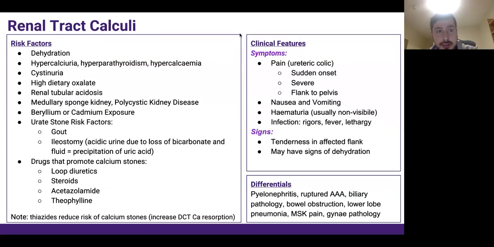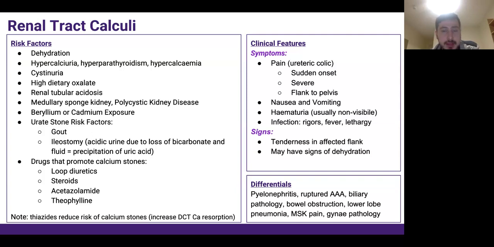So we've discussed some risk factors already, including dehydration and calcium causes. An important one here is renal tubular acidosis. Well, I say important, but it's an SBA fact that might be useful. So type 1 and 3 are related to calcium phosphate stones. For the urate stones, other risk factors include gout and an ileostomy.